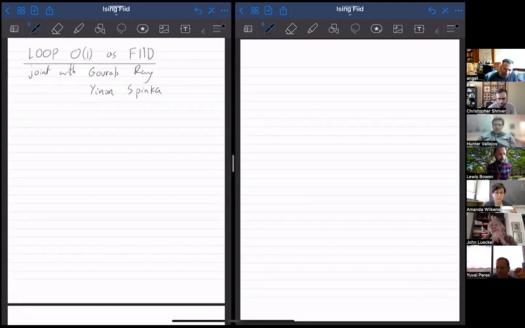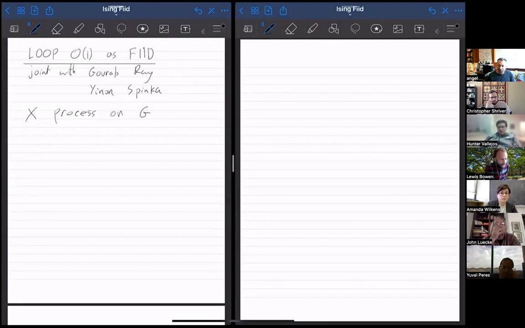Just to set things clear. We have some process X on some graph G, and the graph G could be Z^d or Z, but it could also be other things. We are interested in a fairly general setting today.